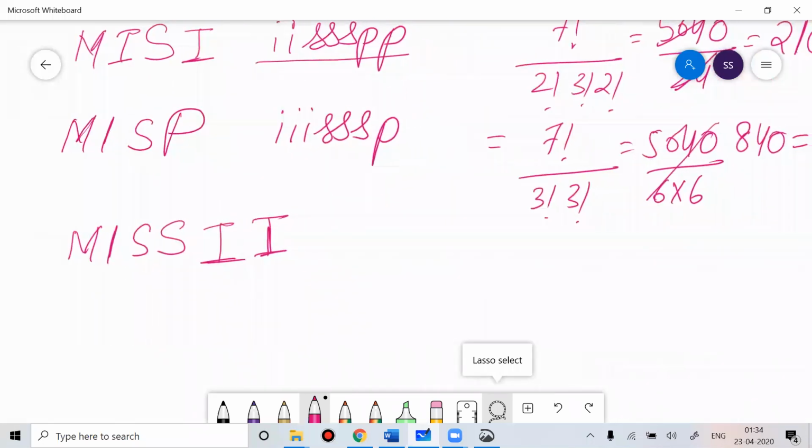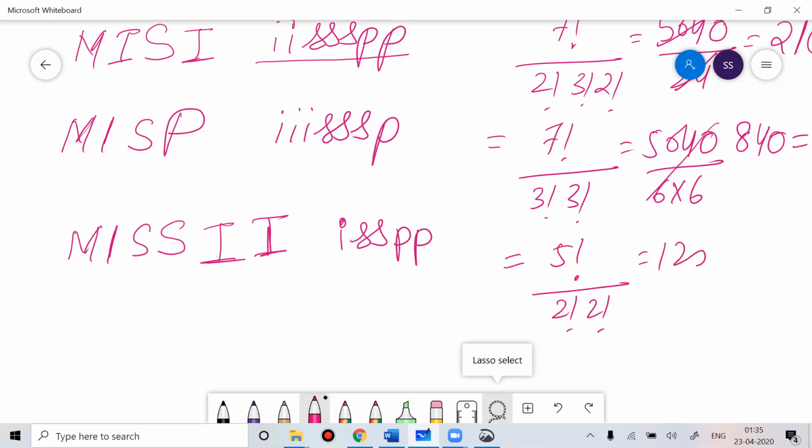Now, how many words can you make? 3 I's you have used already, and 2 S's you have used already, and 2 P's left. So 5 factorial divided by 2 factorial, 2 factorial. This is 120 by 4. This is 30.